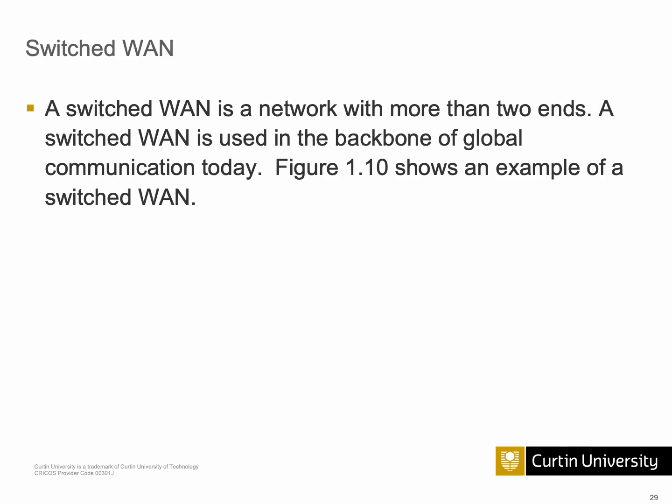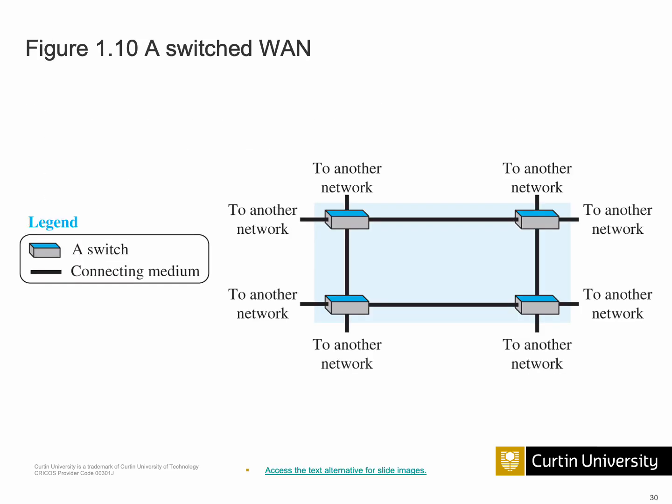Then we have the switched WAN. As you can see from this figure, a switched WAN is a network with more than two ends. This is usually used in the backbone of communication networks.